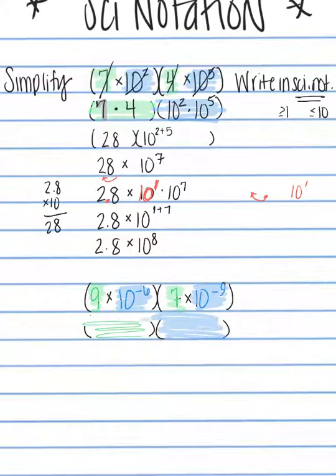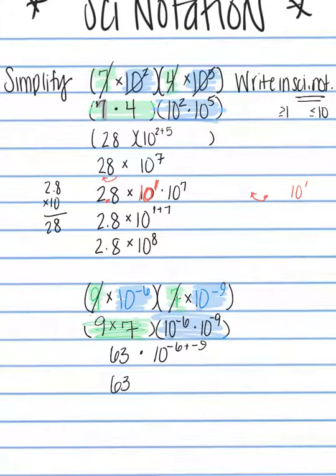And you're going to get something like, hopefully you've already got this before me, 9 times 7, cross out my terms. And then I've got this 10 to the negative 6 times 10 to the negative 9th. 9 times 7 is 63. And I'm going to multiply that by 10 to the negative 6 plus the negative 9th.